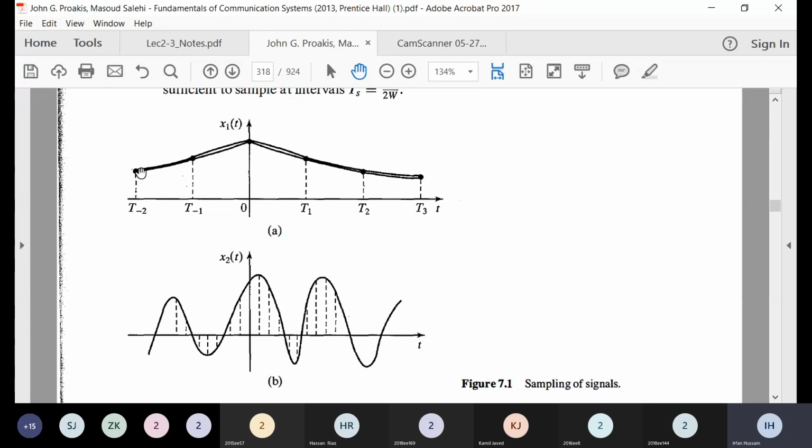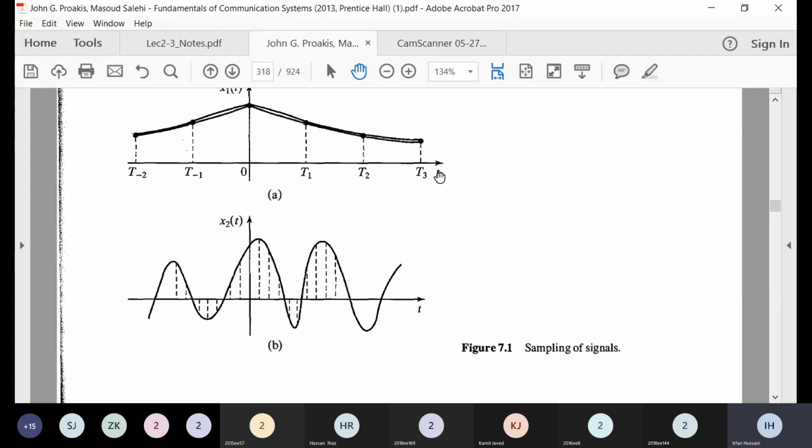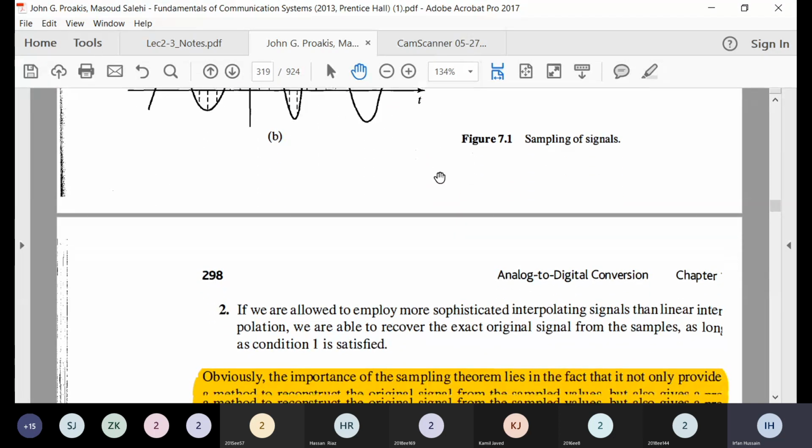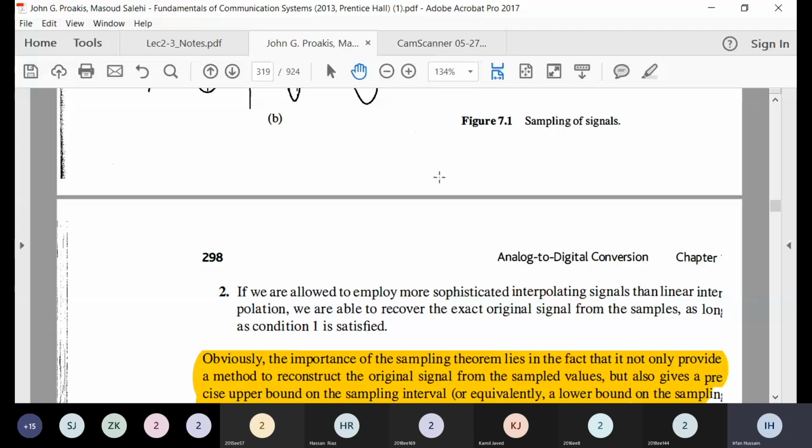So you have to use interpolation between these two points, this point and this point, and so on and so forth. You might use linear interpolation, or other types of interpolation, and there are also more sophisticated interpolation techniques. But whatever, by using various interpolation mechanisms, for example using a sinc, you can get back your original signal.